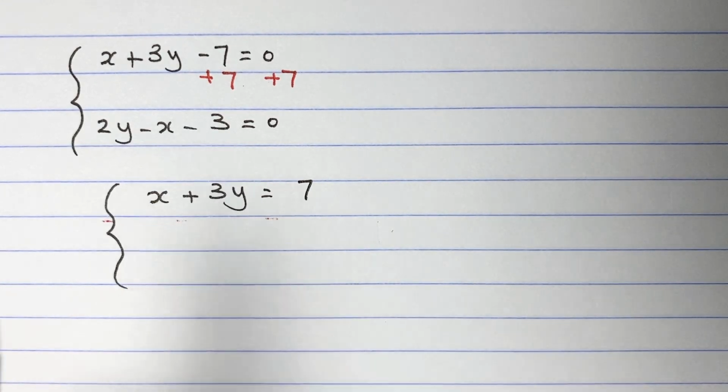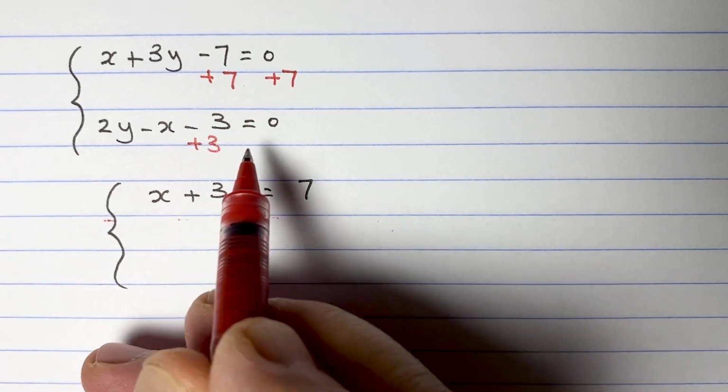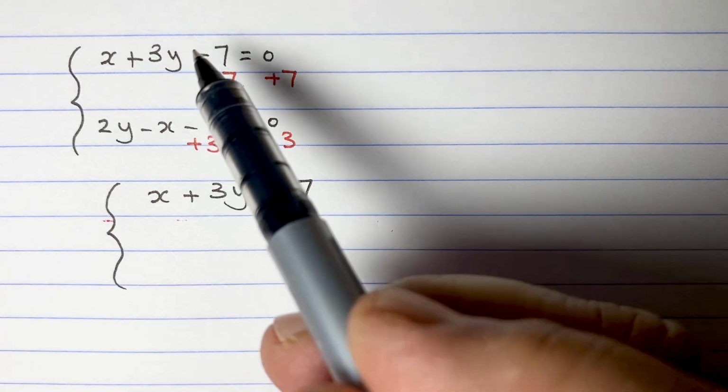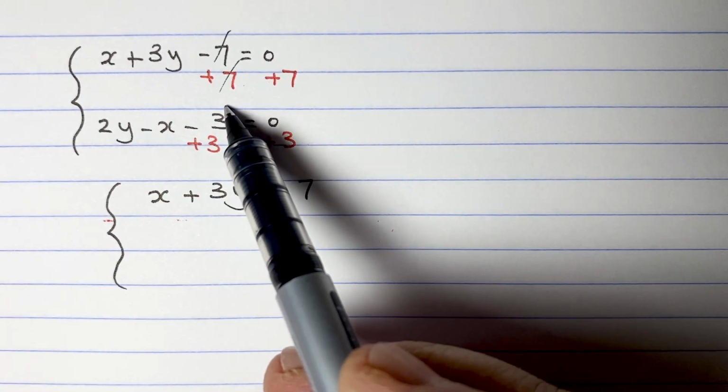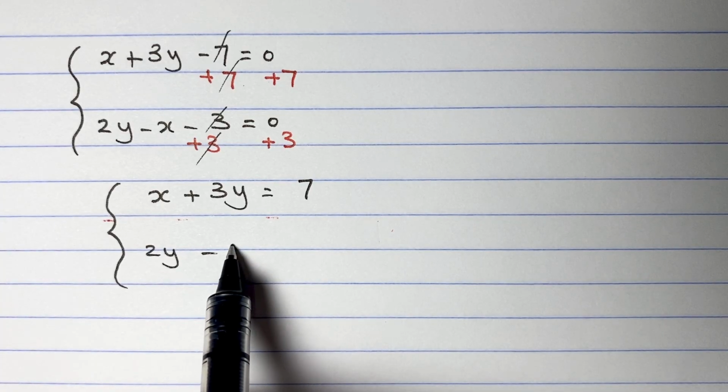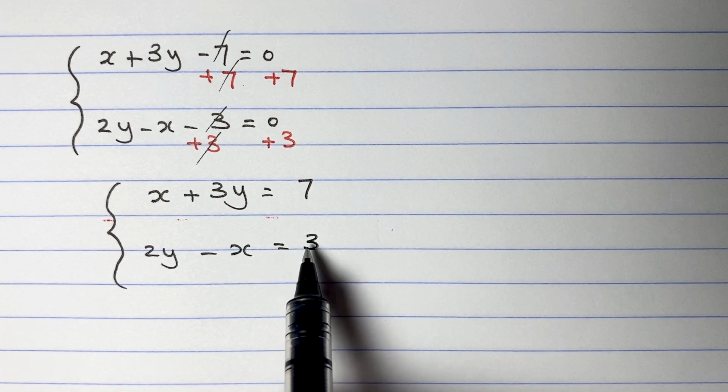Next one, I have to do the same here. Plus 3 on both sides. So like here, when minus 7 and 7 cancelled, here I got minus 3 and plus 3 cancelled, and we have 2y minus x equals 3.